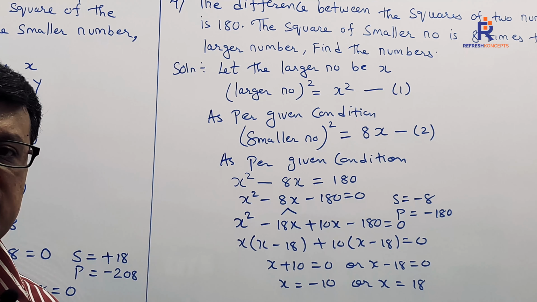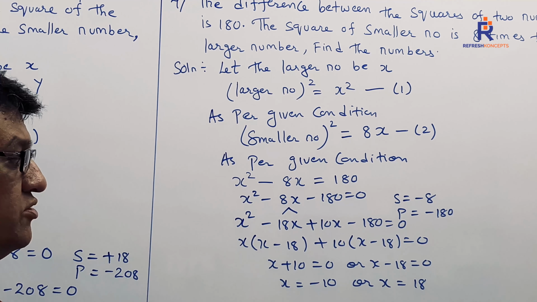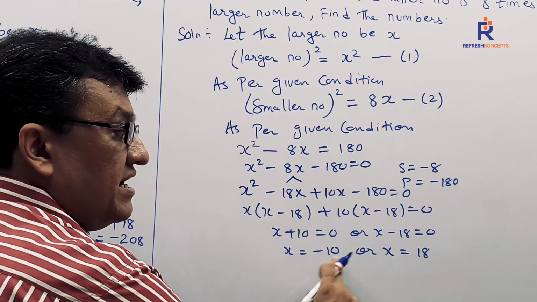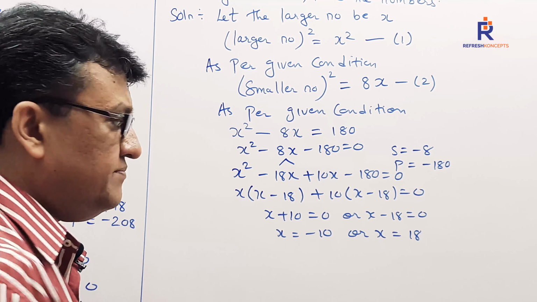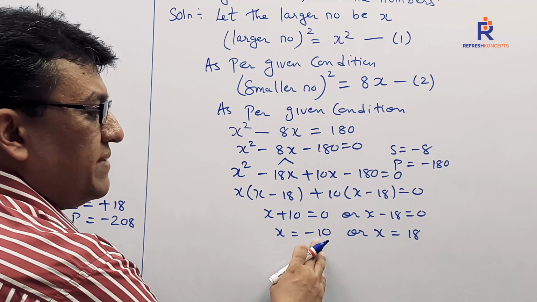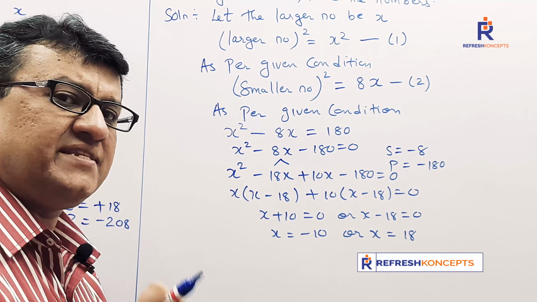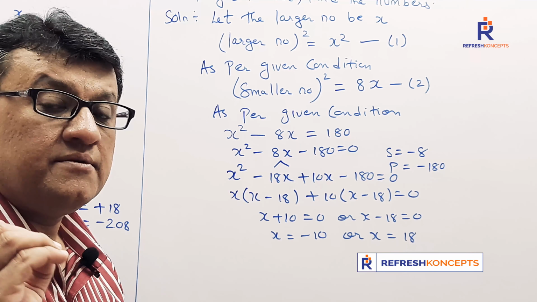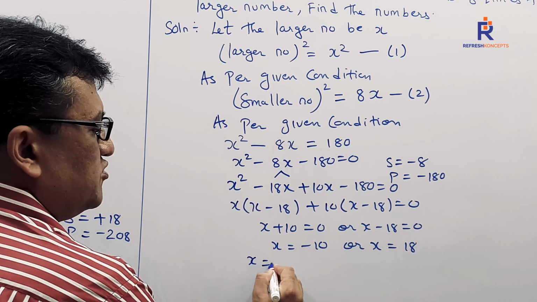Children, will we take minus 10? No. Why? Because here in the question they have not specified positive integers, but if they have not stated, there will be two cases as such. I shall take this as a positive integer sum. If they have not, mind you, I have two answers.